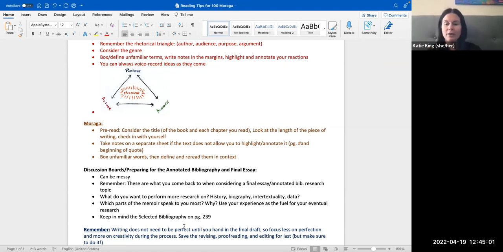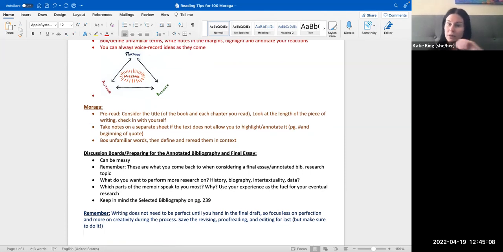And then finally, remember that writing doesn't need to be perfect until you hand in the final draft. The final draft of your essay, again, should be error-free, properly formatted, hitting the page length, all the things. But as you're drafting, until you get to that final moment, focus less on perfection and more on creativity, uniqueness, cleverness of your argument.